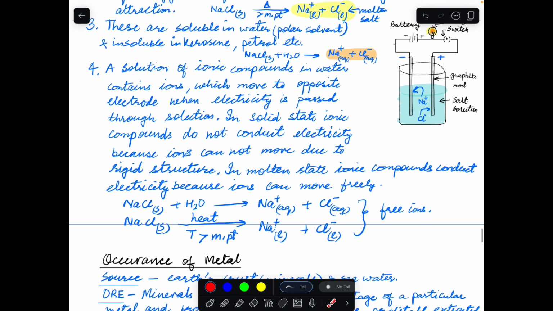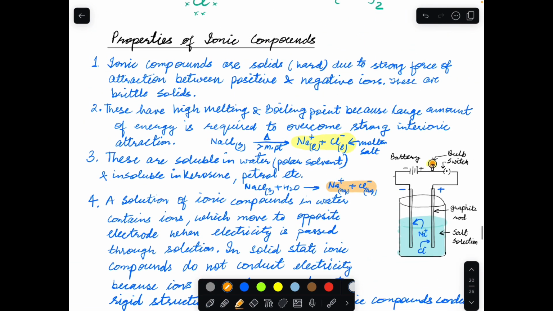So the idea is, if we want to pass electric current, either we take a solution of sodium chloride, that is this case, as the solution will have oppositely charged ions, or we take the molten state of the ions. So this is for the properties of ionic compounds.